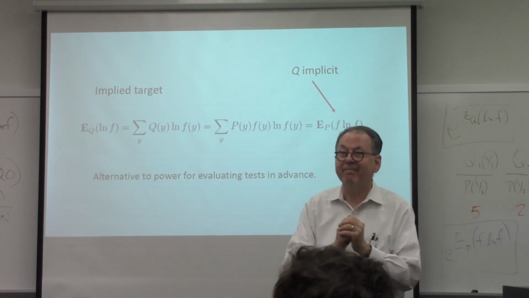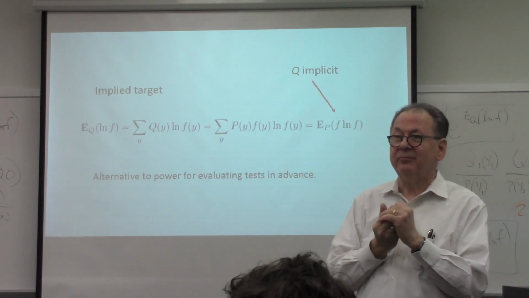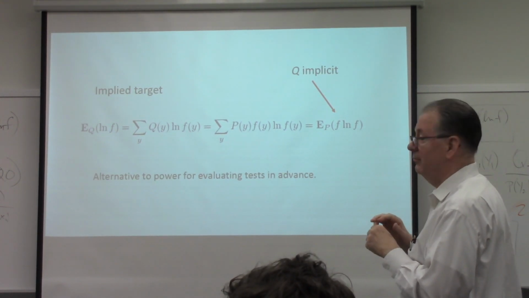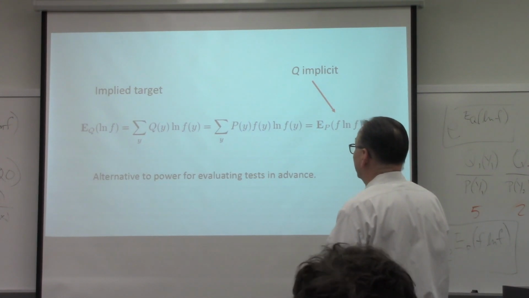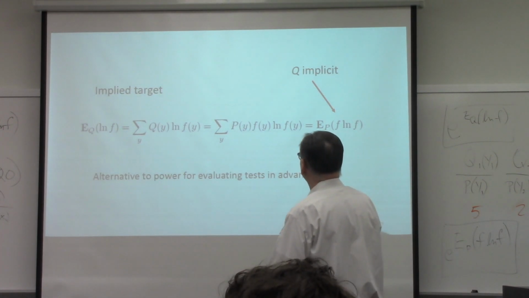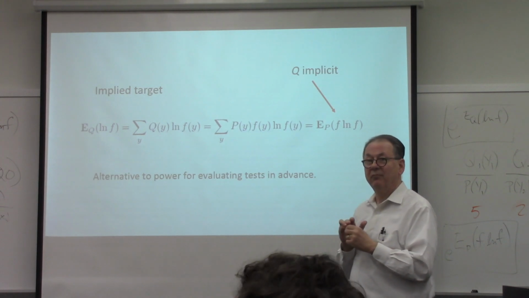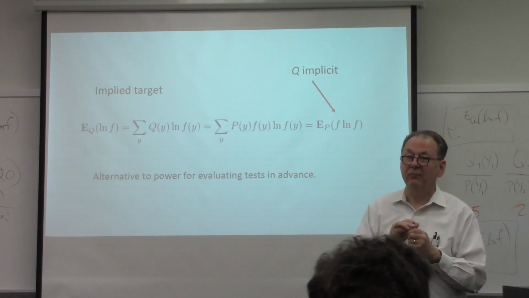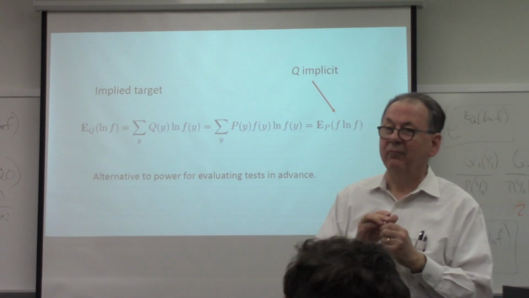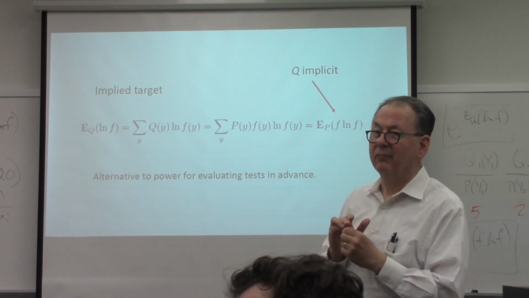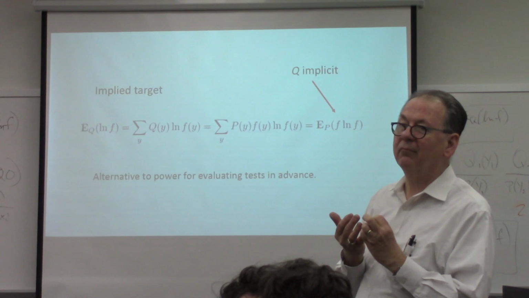I just had a comment. I thought it was very interesting because you pointed out earlier that the expected value of log of F is the KL divergence between Q and P. Yeah. So e to the power of that is a monotone function of that, which you supposedly should maximize if you're trying to increase power, as in your analogy.